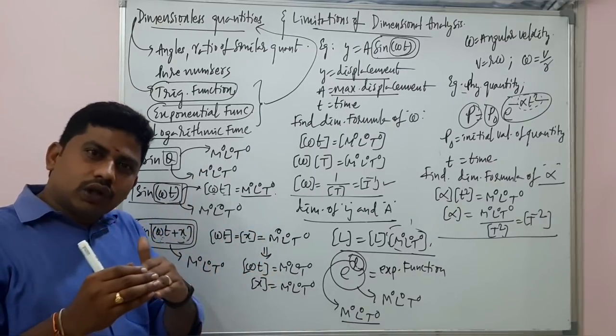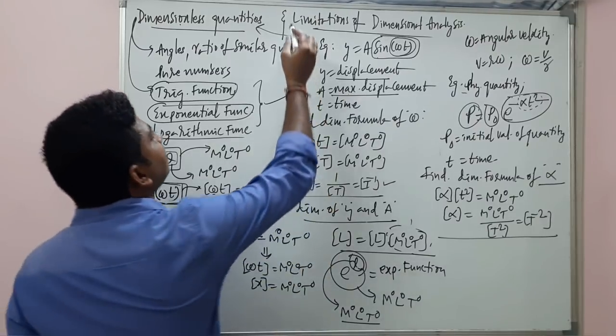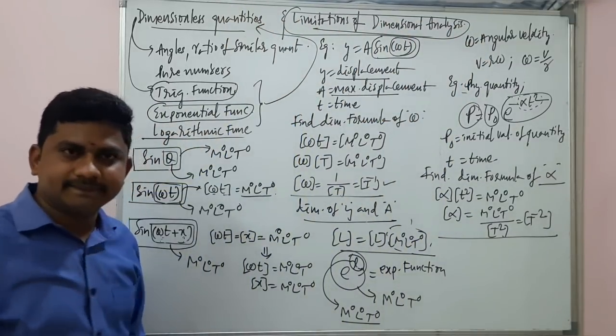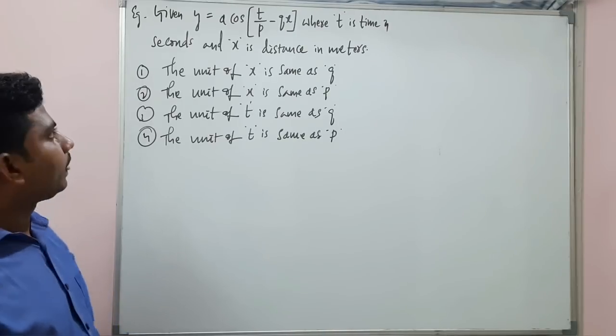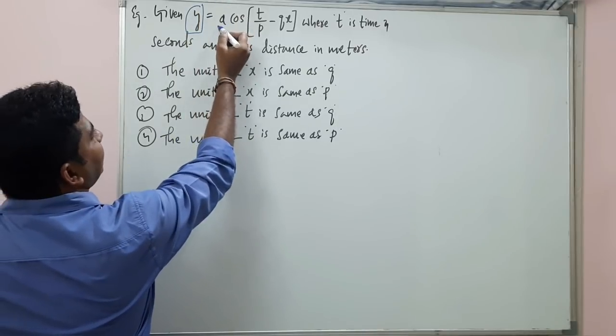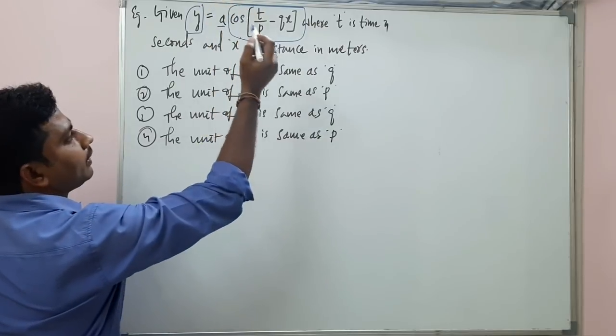Now let's solve one or two examples and move on to the limitations of dimensional analysis topic. Look at the example question. Given y is equal to a cos of this expression.